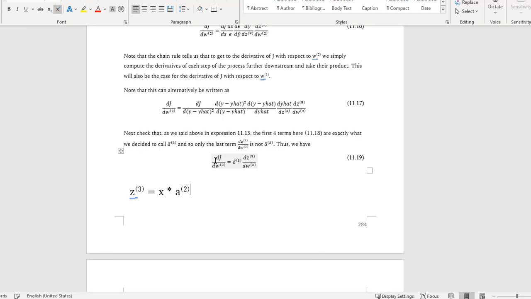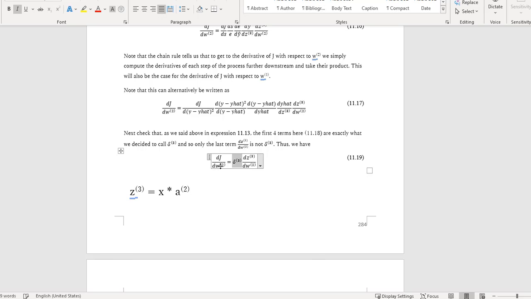So that we could say that this dJ/dW2, which is what we want, is this delta, which we sort of think of as a constant, because we think of it as a constant times A2. If we do think of this as a constant, then this is just that constant times A2.